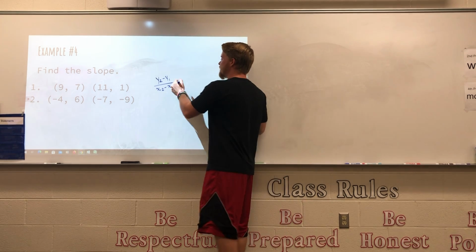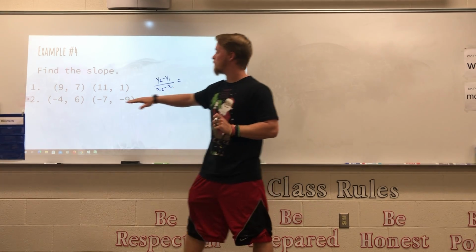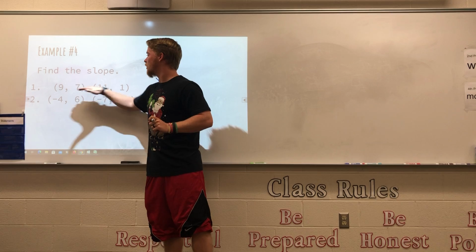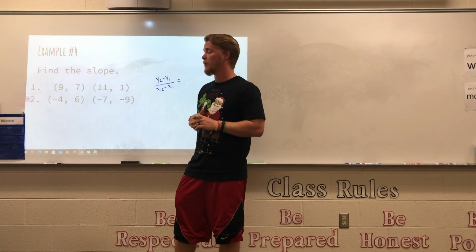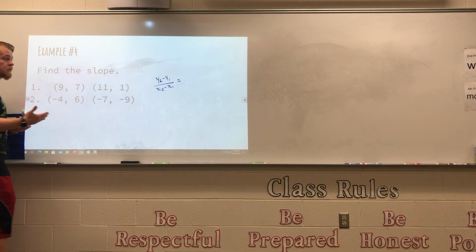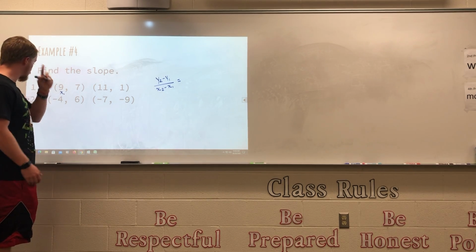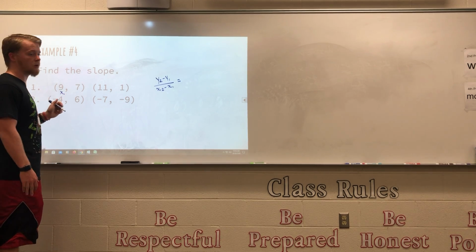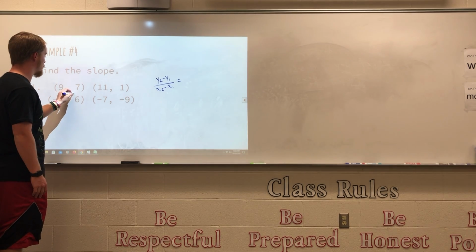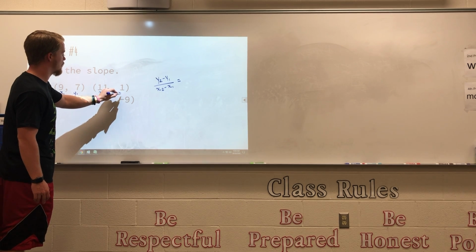So, the way to use this is we have to label our ordered pairs. We have to label them with x's and y's. So remember, in ordered pairs, your first number is always your x. So this is x1, and then these are subscripts, remember, just to number your x's and y's. So x1, y1, and then x2, y2.